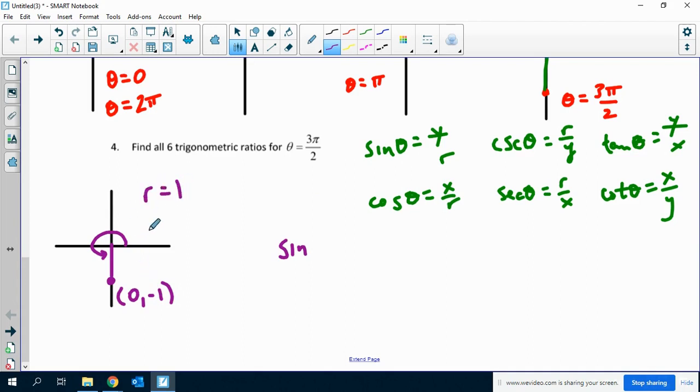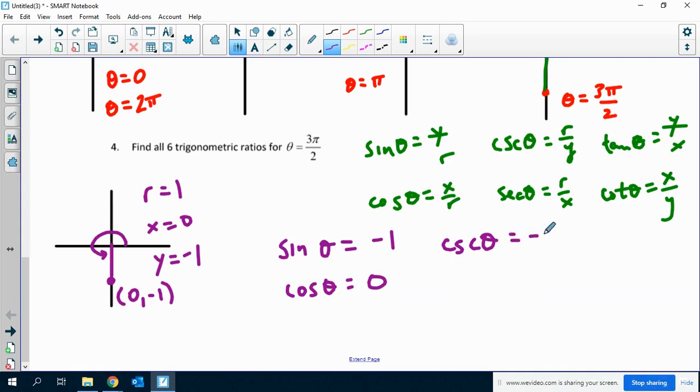So my r is 1, my x is 0, and my y is -1. So these are all pretty easy. Sine of theta is -1 divided by 1, which is -1. Cosine of theta is going to be 0 divided by 1. That's 0. Cosecant of theta is r over y, or the reciprocal of -1, which is also -1.